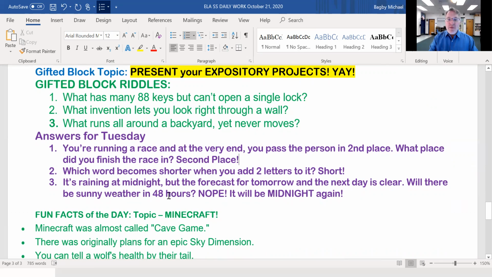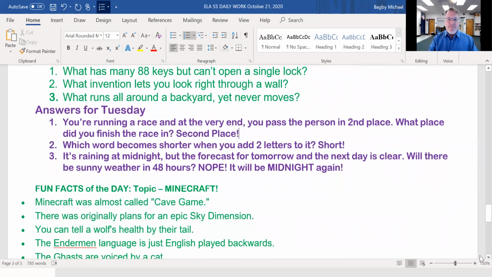And this is a tricky one. The trick was noticing that it says 48 hours. That's 2 days exactly. So if it were 48 hours after this time, midnight, it would be midnight again. So it would not be sunny weather. It might not be raining, but it's certainly not going to be sunny.